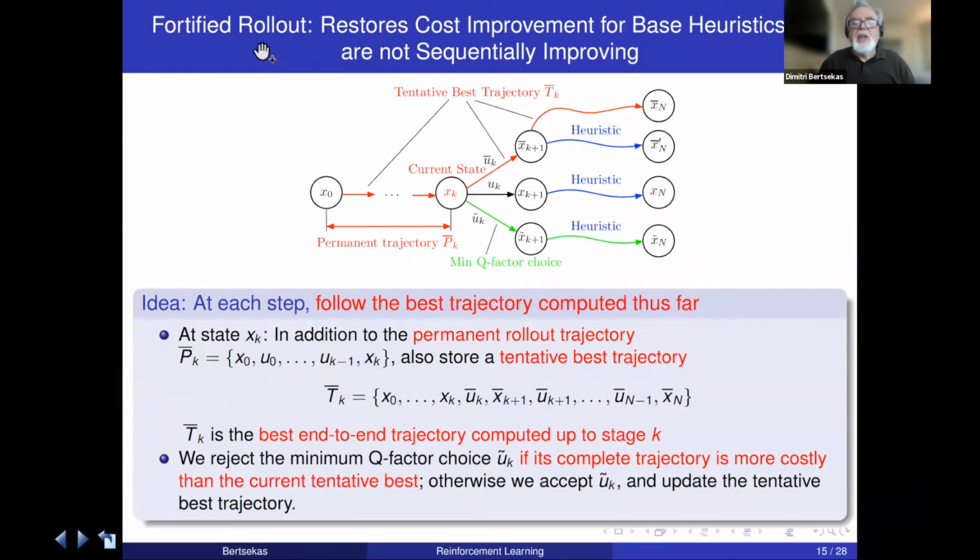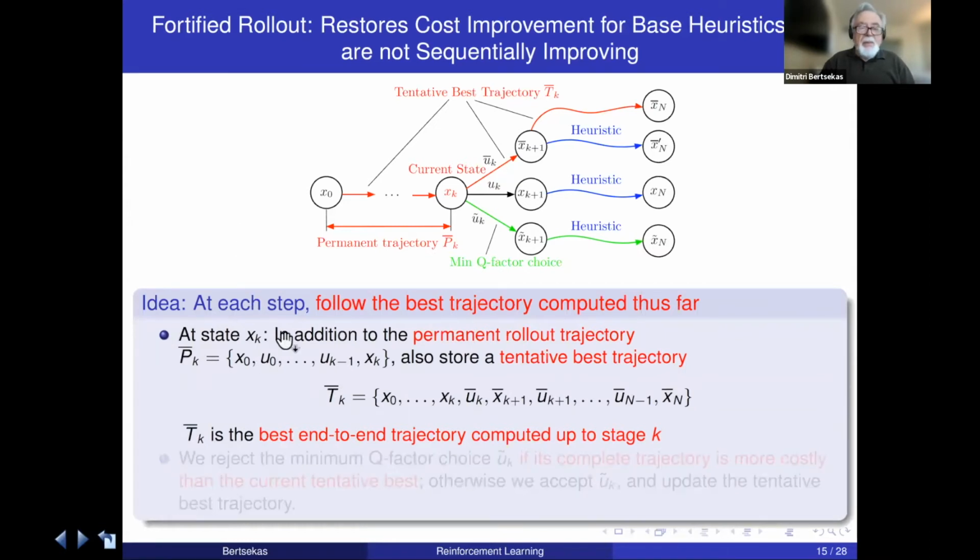It's a very simple fix. And the fix is you keep track of the best trajectory that you have obtained so far. And when the rollout tries to push you in the wrong direction, you reject its advice. So that's the idea. At each step, follow the best trajectory that you have computed so far.